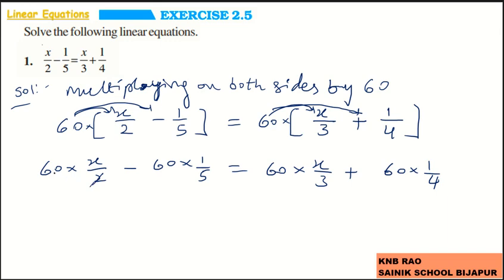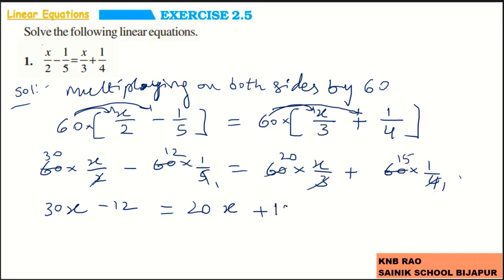So, 2 30s, that means 30x I have got, 5 12s, minus 12 I have got on the left hand side, 3 20s, so 20x on the right hand side I have got 20x plus 15. Now, it is easy to solve this.